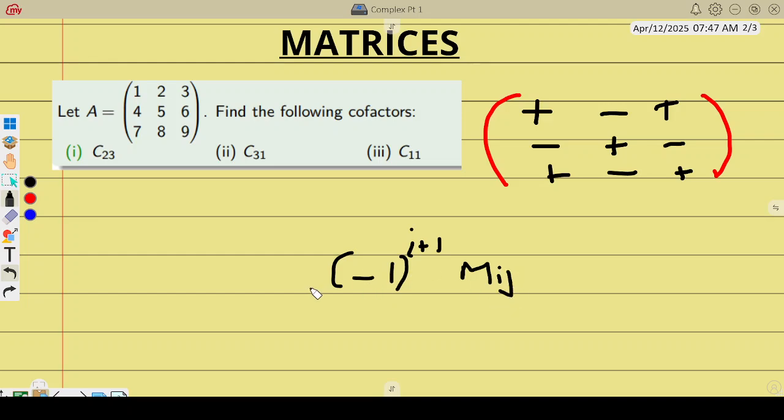There's this formula, and it helps us to know the sign. The cofactor simply means we determine the exact sign which they want.